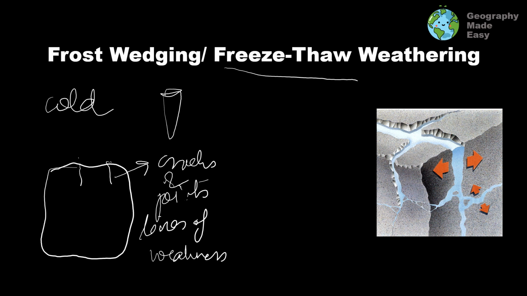Say there is rainfall and water enters these cracks and joints, and during the daytime or the summer season, and then this water freezes during the night time or the winter season. Now when it freezes, we know that the volume of water increases when it changes from liquid to solid. So we see a change in the volume of water when it is freezing.